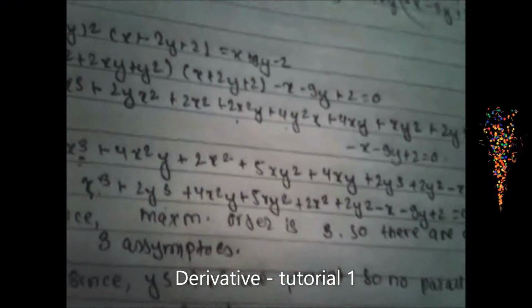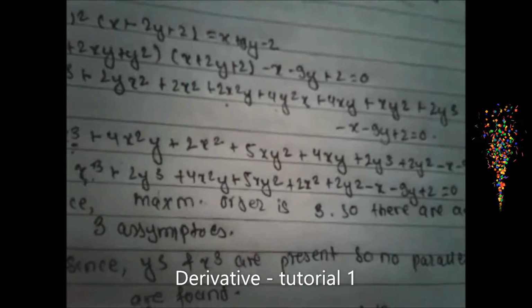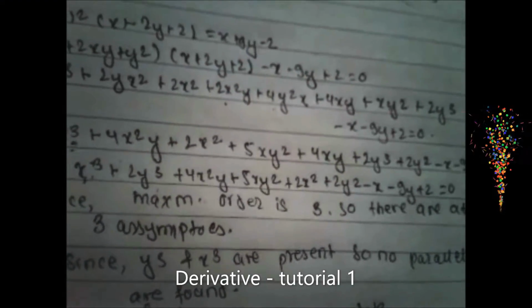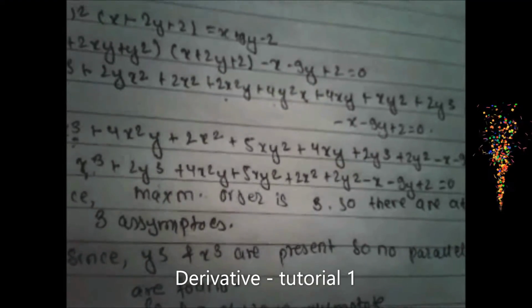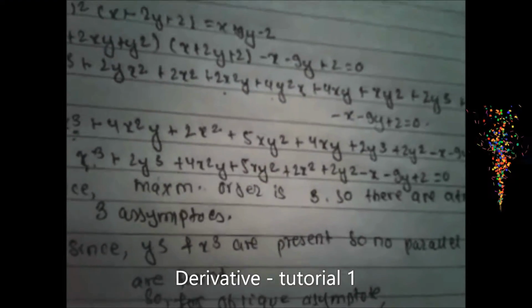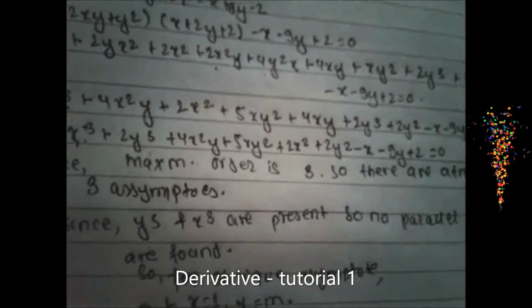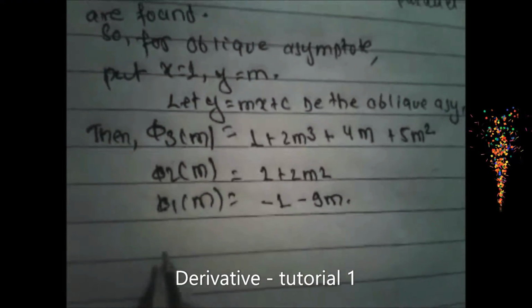What are of 2 order? We can see 2 order, x square and y square, that is 2 plus 2m square. In 1 order, minus 1 minus 9m. Now we have written phi 3, phi 2 and phi 1 of m.